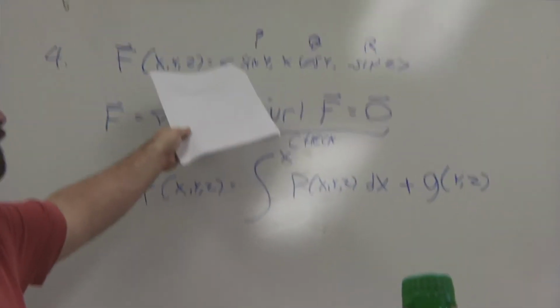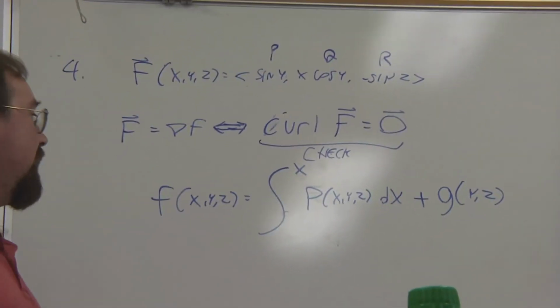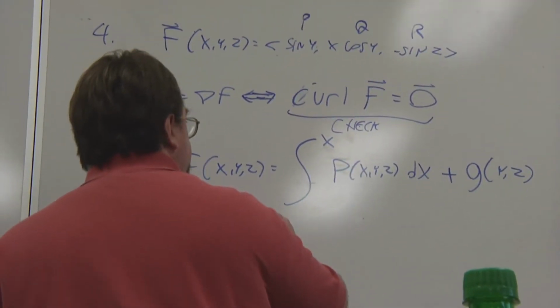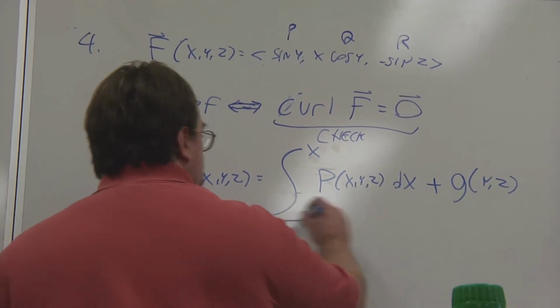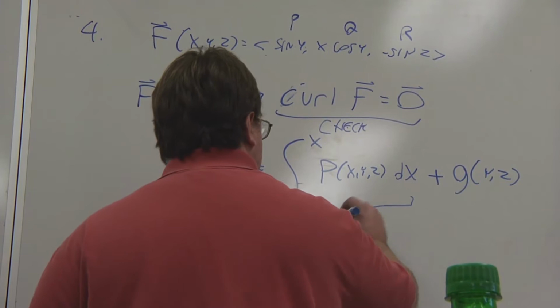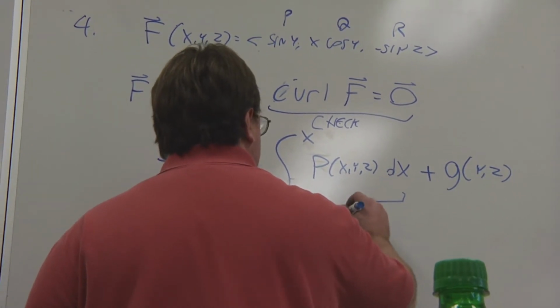That's unknown at this point. So you anti-differentiate with respect to x, get g of y, z, and we'll call this function h of x, y, z, whatever you get from here.